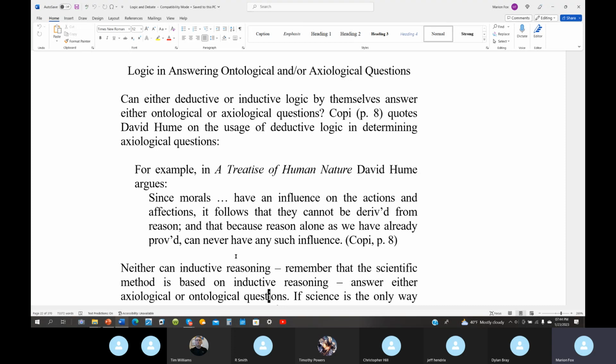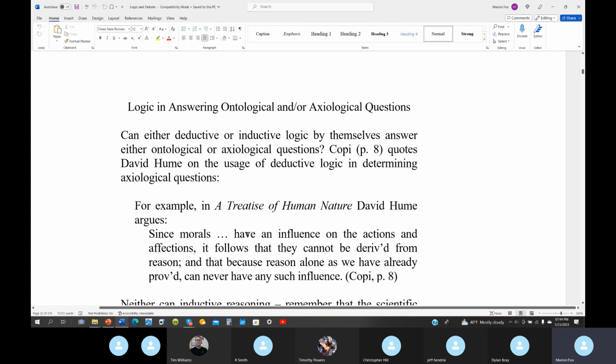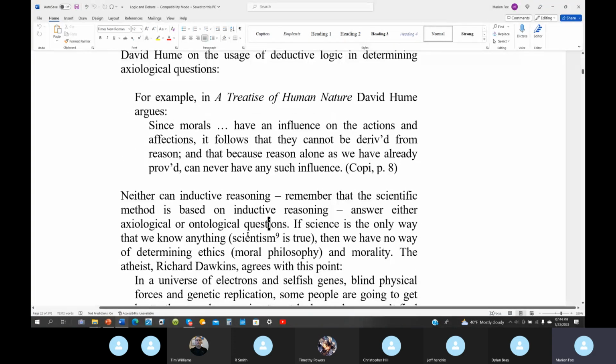Well, Copy, page 8, quotes David Hume on the usage of deductive logic to determine axiological questions. Now, I believe Hume was an atheist, and as he quotes Hume, in A Treatise on Human Nature, David Hume argues, since morals have an influence on the actions and affections, it follows that they cannot be derived from reason. And I want you to stop and look at that.